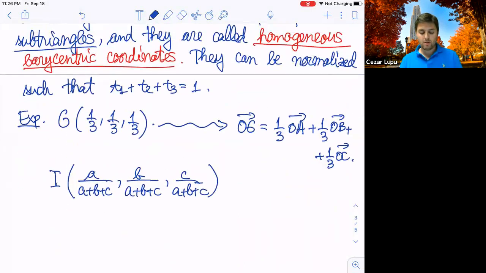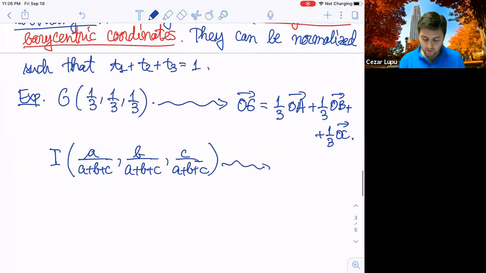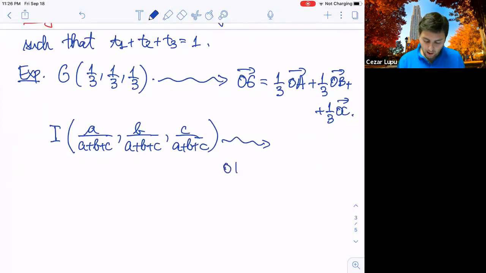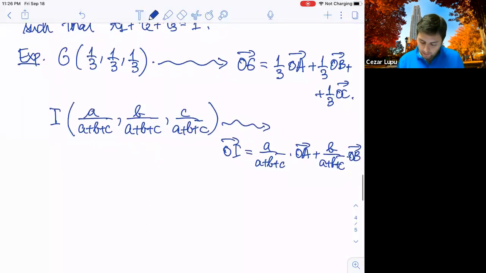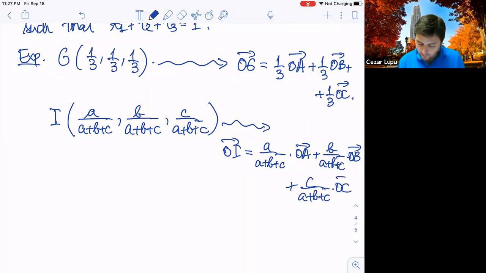So these three add up to 1, or you can associate this to the OI vector, as I think I mentioned in class: A over A plus B plus C times OA vector plus B over A plus B plus C times OB vector plus C over A plus B plus C times OC vector.